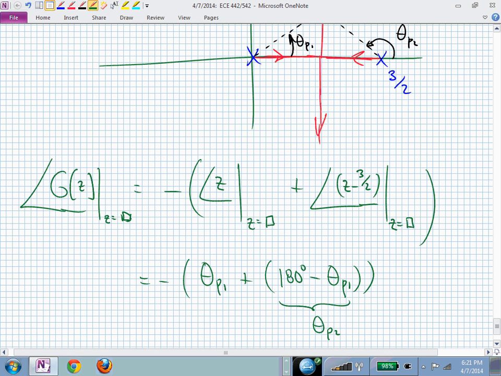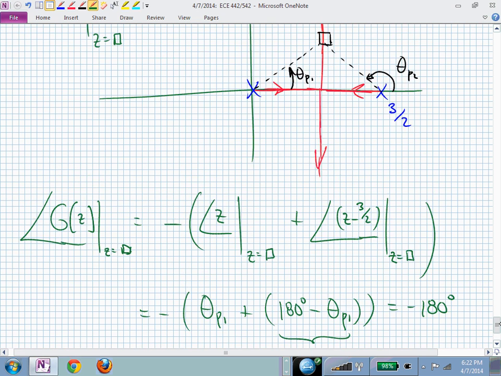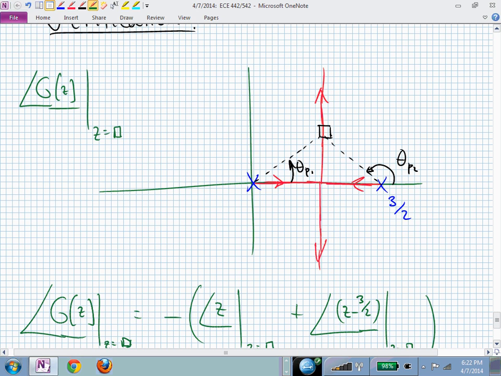Is that okay? So now I have theta p1 minus theta p1, and the only thing left is 180, and I'm subtracting that. So at that square, and any other square that lives on that 90-degree branch, the angle is minus 180.